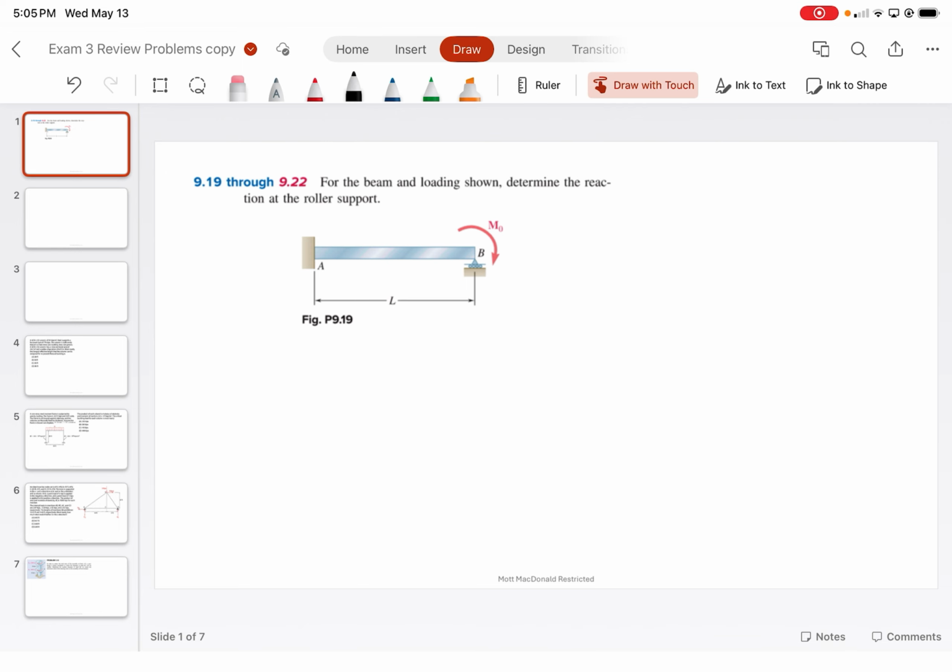So this problem here, we can separate into two systems. One with a moment, and then what's the other system gonna look like? Just gonna have a reaction force going on. Yeah, so this is just gonna be RB. All right, so what do we do from here? What do you guys want to do?